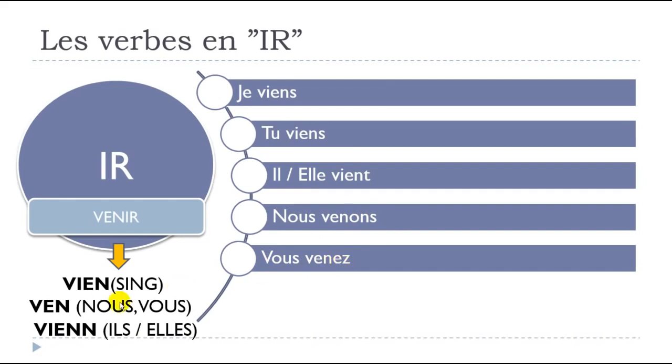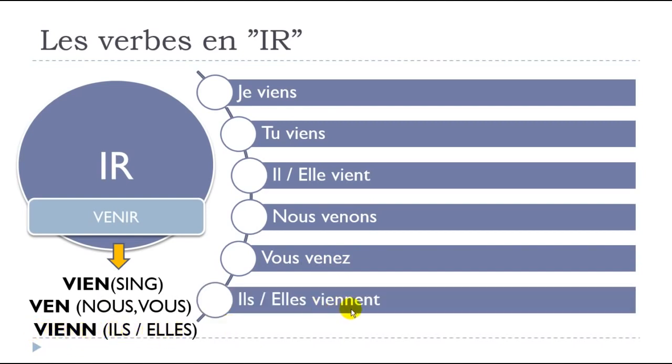Okay, and the last one, remember here, for il, elle at the plural form, you will use this viennent here, and then you will add the ending ENT. Ils viennent, elles viennent.